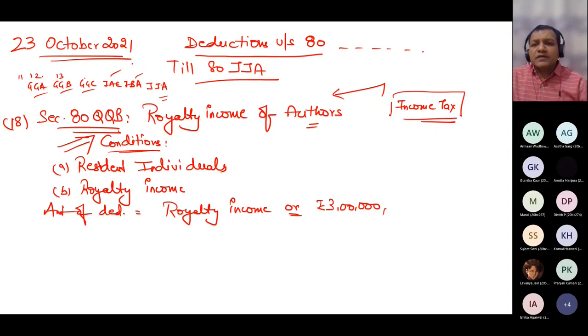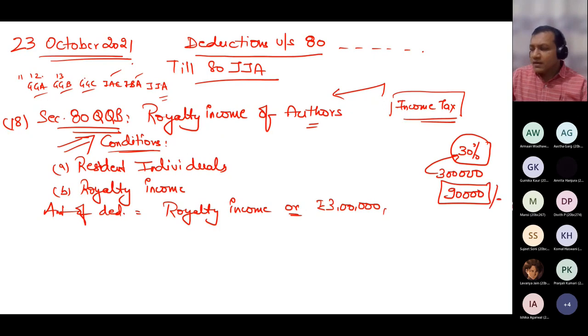And it is not a small benefit. Suppose I am under the 30% slab, to give you my example, and till 3 lakh I will get a deduction, so indirectly do you know how much I have saved? Around 90,000 per year I am saving, which is not a small amount.